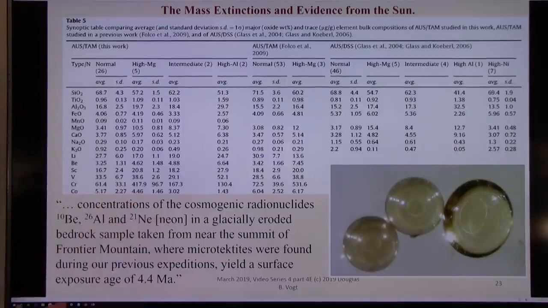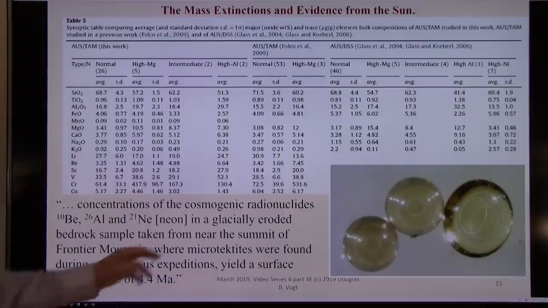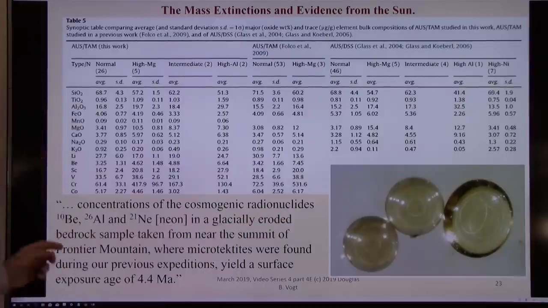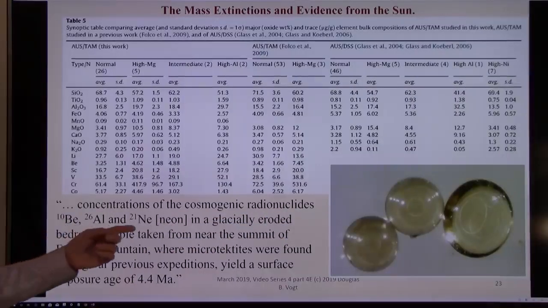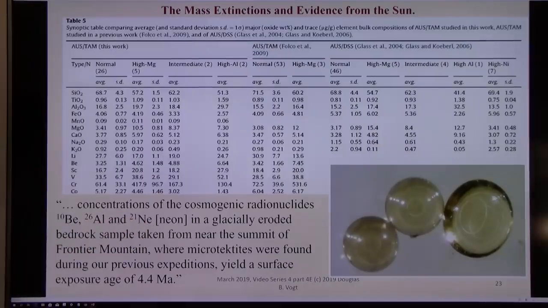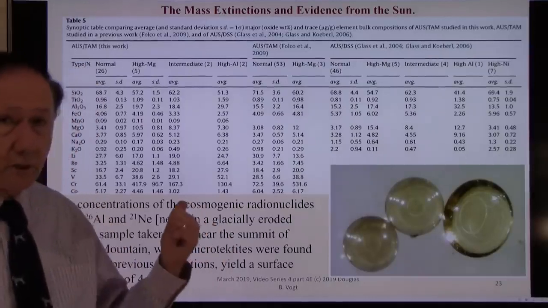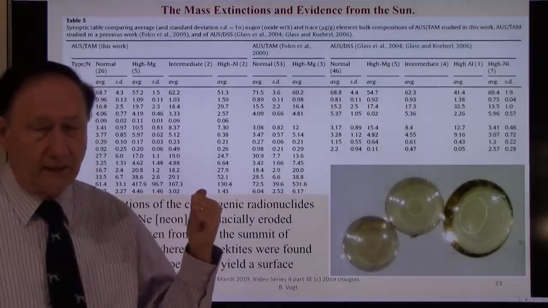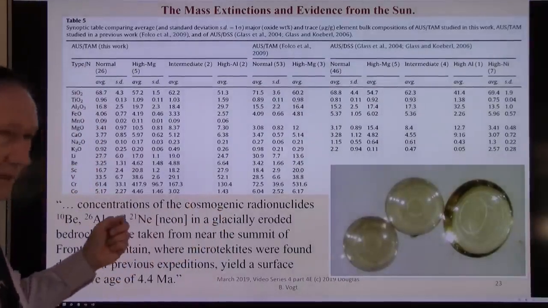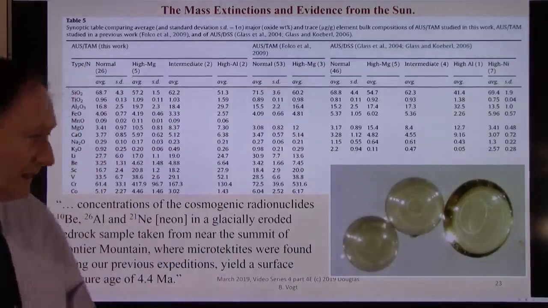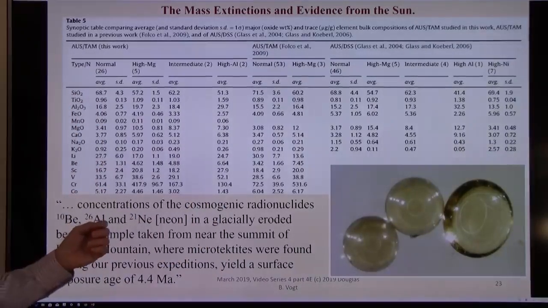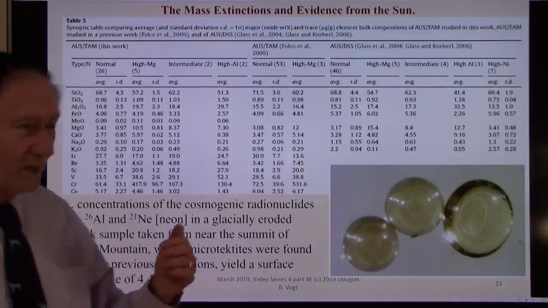Concentrations of the cosmogenic, I don't know why they just don't say isotopes, beryllium-10, aluminum-26, and neon-21. These are isotopes that are only formed in the corona of the sun. You need that kind of heat to create that stuff. This is the same things they found on the moon. Exactly the same, beryllium-10, aluminum-26, etc., and others.